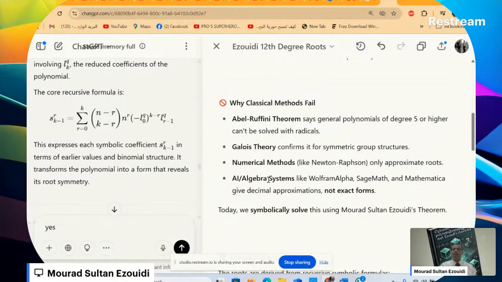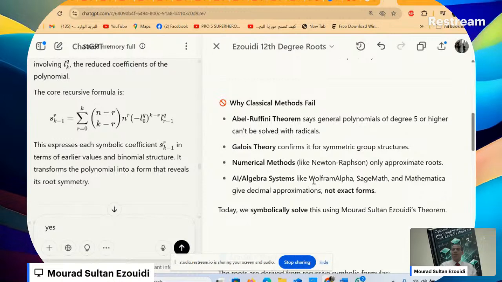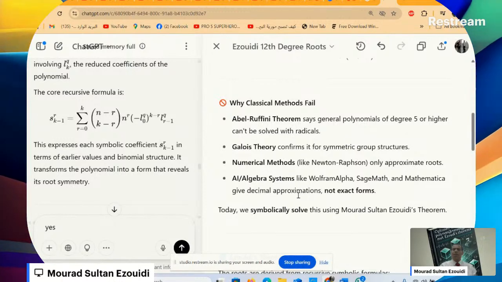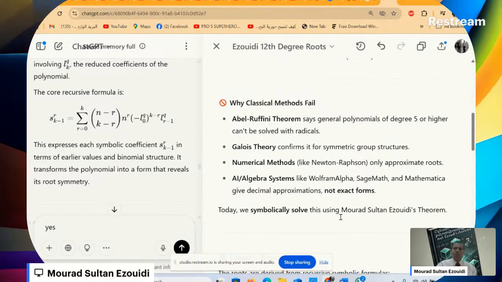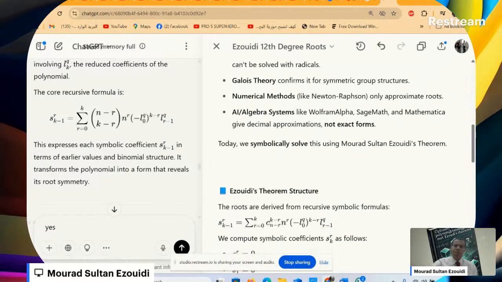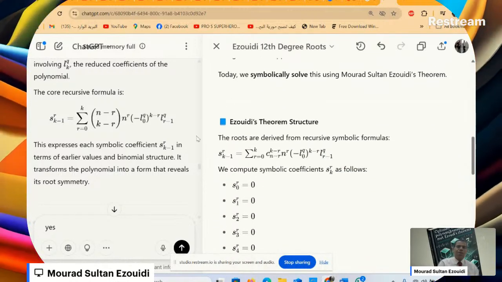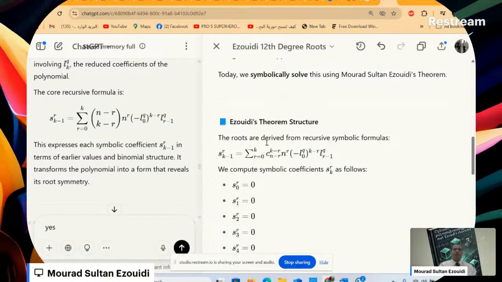AI algebra systems like Wolfram Alpha, SageMath, and Mathematica give decimal approximations, not exact form. Today, we symbolically solve this using the Mourad Sultan Ezouidi theorem. Means we'll apply this theorem. Okay. So here is the theorem structure.